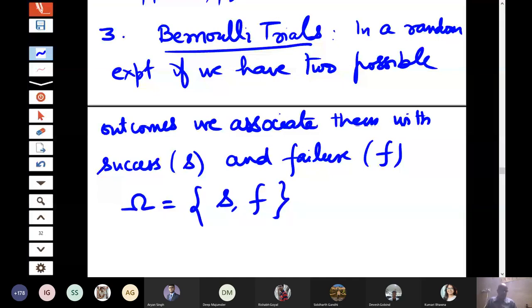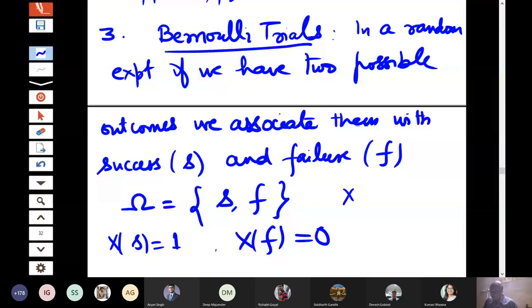These are known as Bernoulli trials, and we associate X of s as 1 and X of f as 0. That is, X is the number of successes.